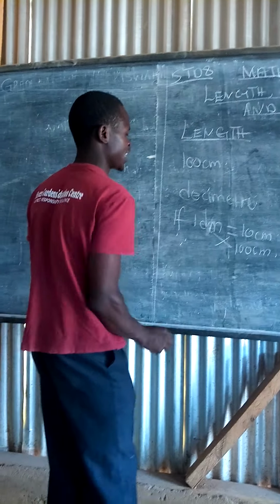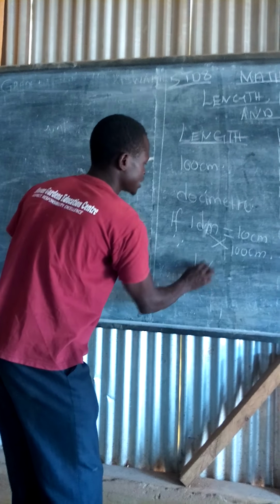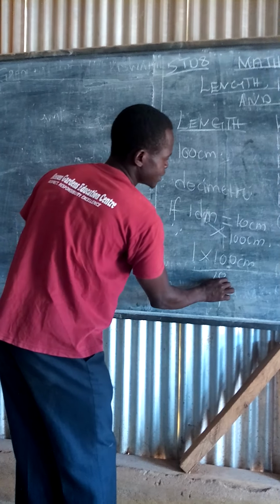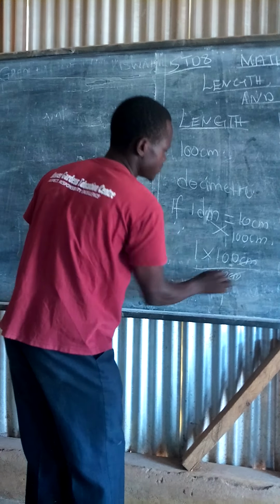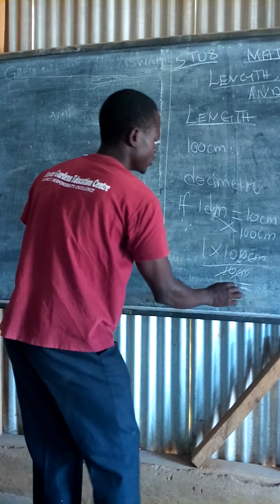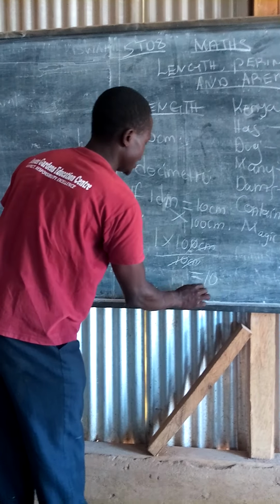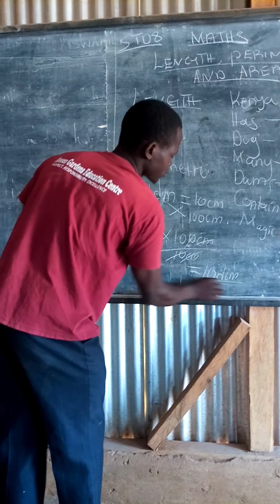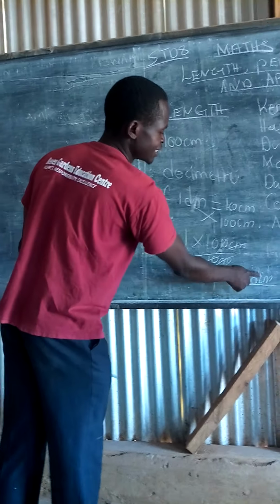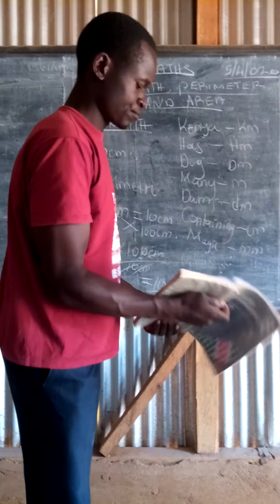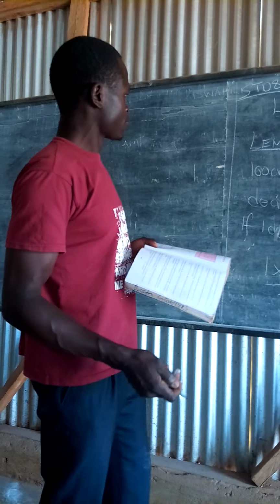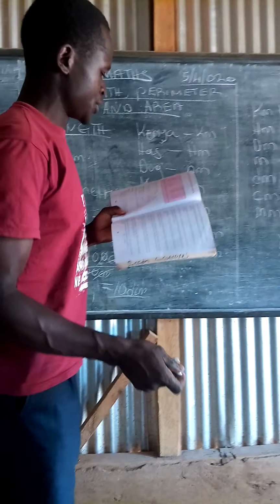Then you cross multiply your equation. You will have 1 multiplied by 100 centimeters all over 10 centimeters. Centimeters and centimeters will cancel, then 0 with 0 will cancel. At the end of the day, you will come up with your final answer as 10 decimeter. So, 100 centimeters is equivalent to 10 decimeters. That one will be all about converting centimeters into decimeter.